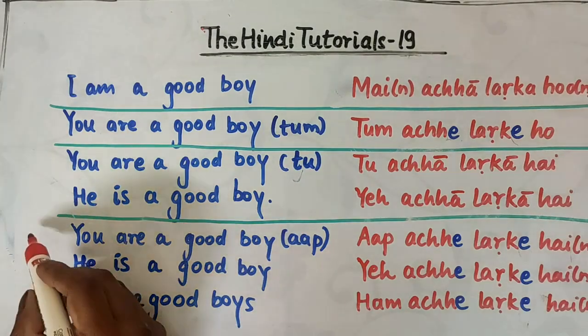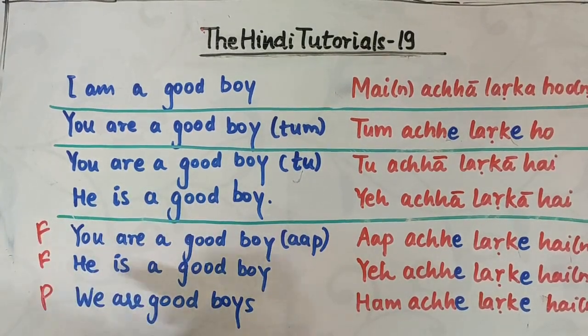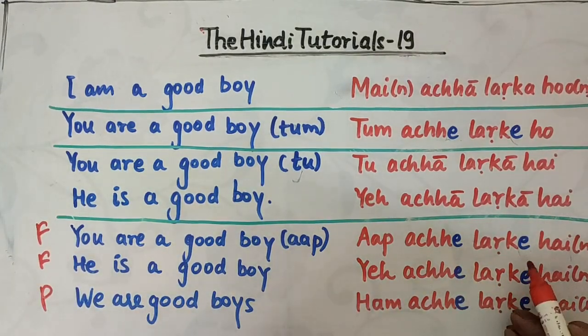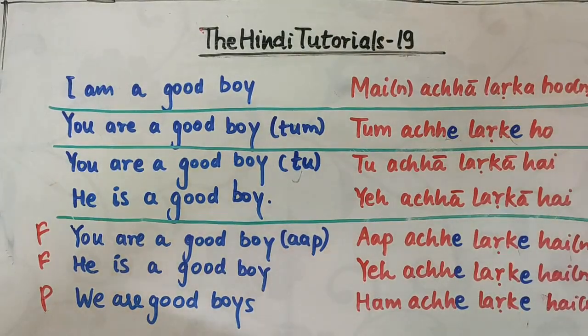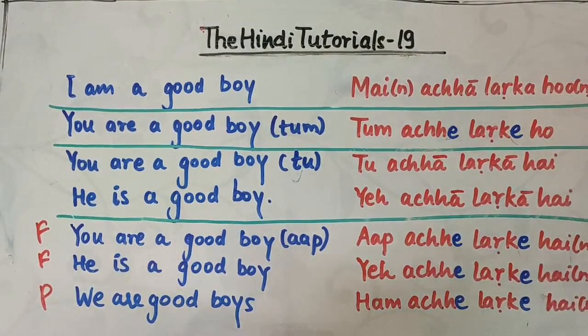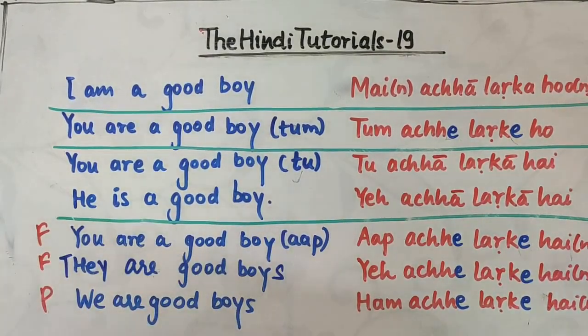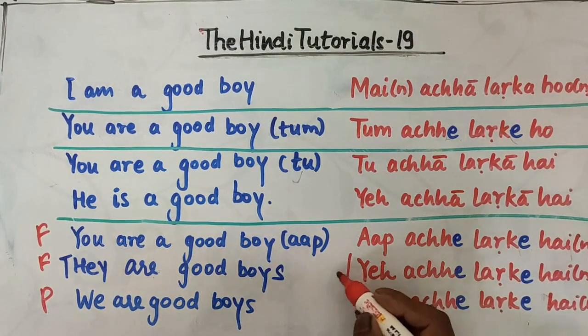Now coming to the two formal cases and one plural case. Okay, there was no space left, so I didn't include they are good boys. You are a good boy, addressing by आप. आप अच्छे लड़के हैं. Okay. He is a good boy. ये अच्छे लड़के हैं. We are referring to only one person, but we are trying to call him with more respect. Had it been they are good boys, the sentence would have remained unchanged. ये और वो.